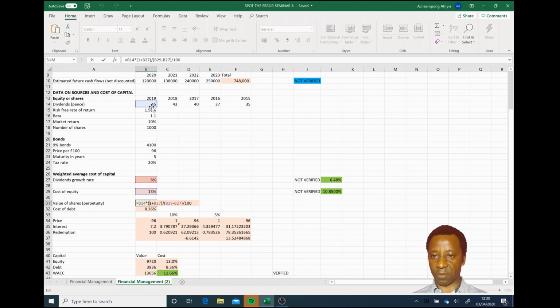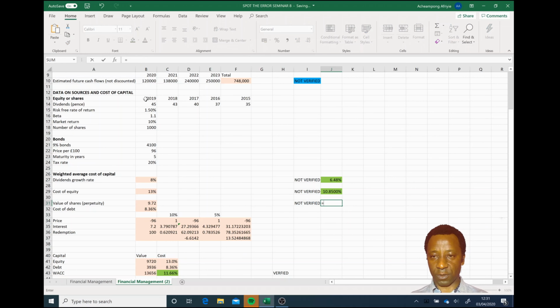They are picking the most recent dividend plus the G, the growth rate that they had there, dividing that by K, cost of equity, minus G. Right, good. So they were doing the right thing. They were using the dividend valuation model approach to value the equity, but they were using the wrong inputs. So again, we cannot verify their value. We need to calculate our own, not verified.